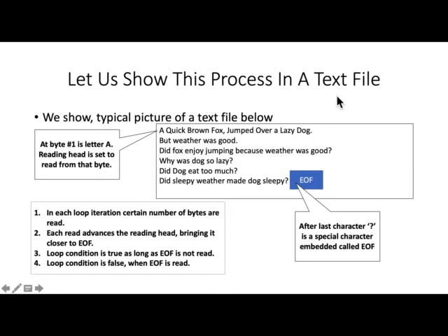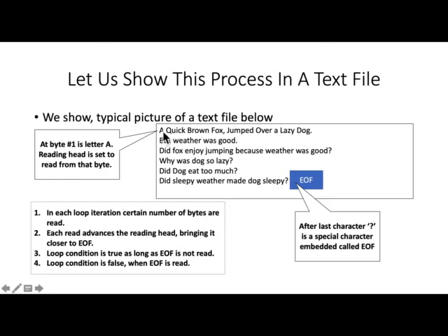So this process I just showed you, in that file, I have the exact same file here. I'm just repeating what I just said. Let's say this is the typical picture of a file. Byte number one is letter A, and the reading head, which will be an ifstream object, will be looking at that.